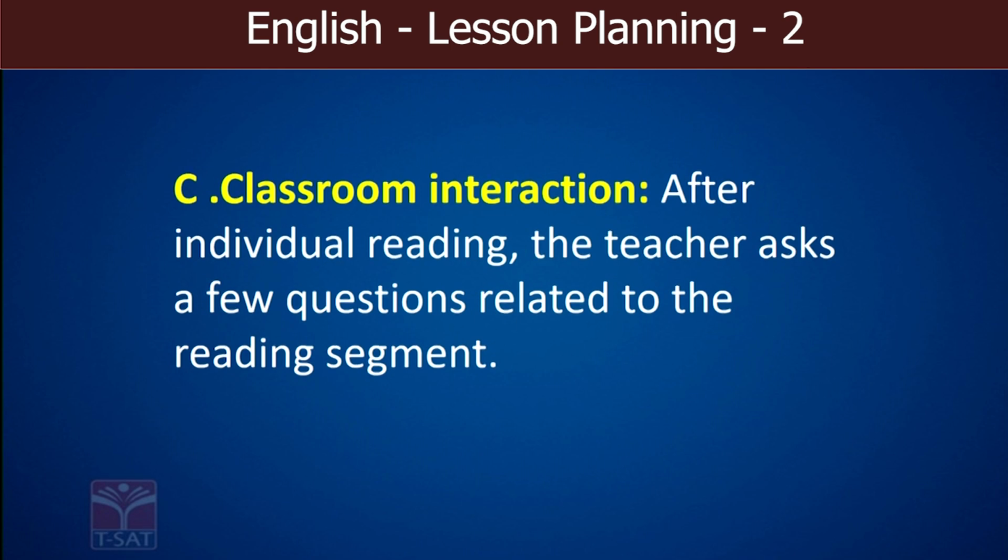Once they have perfected their own ideas, the interaction sessions take place, and all the ideas are collaboratively discussed with the teacher. This is classroom interaction. After individual reading, the teacher asks a few questions related to that particular reading segment.